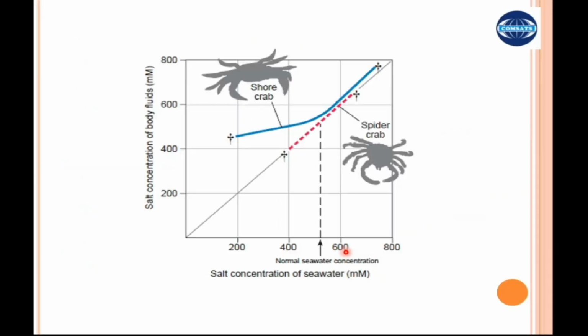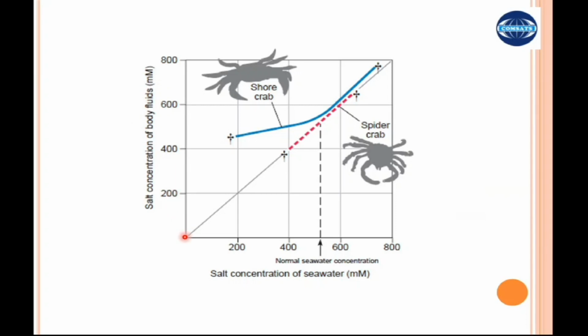There you see. Right, so this is a graph which represents this example. On the x-axis, you see the normal seawater concentration. Basically, this is the salt concentration of the seawater, from 200 to 800 millimolar. And this is the salt concentration of the body fluids, from 200 to 800 millimolar, right?